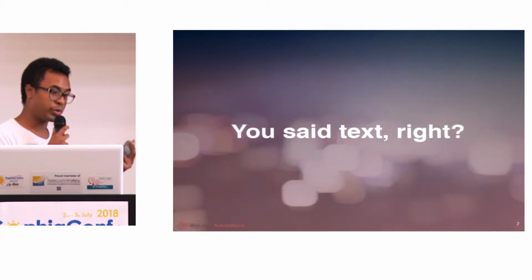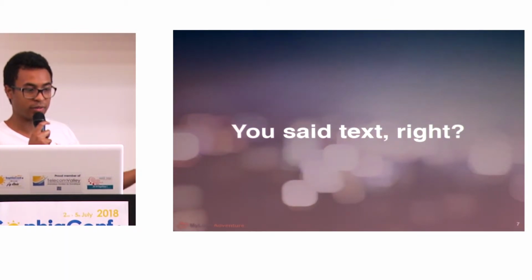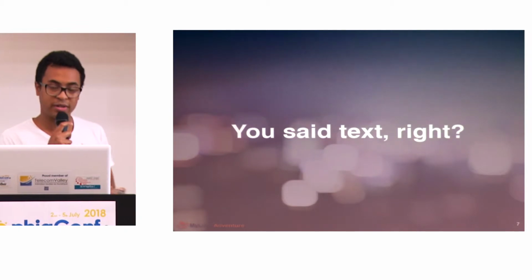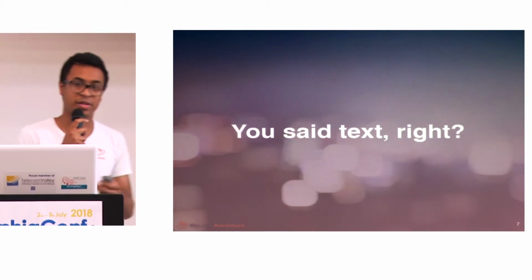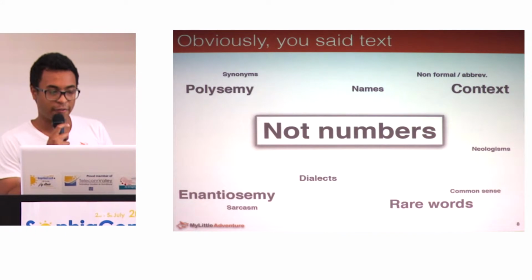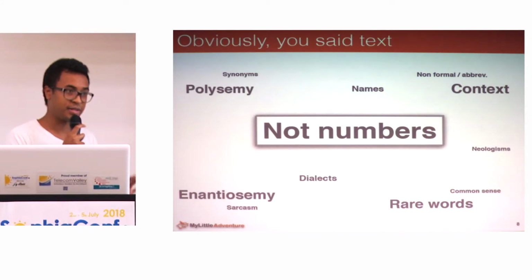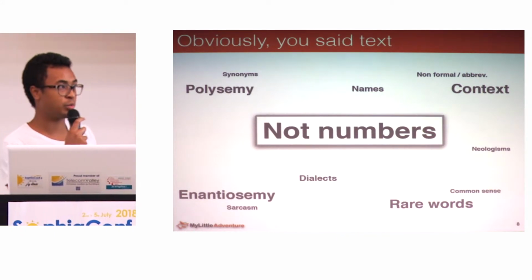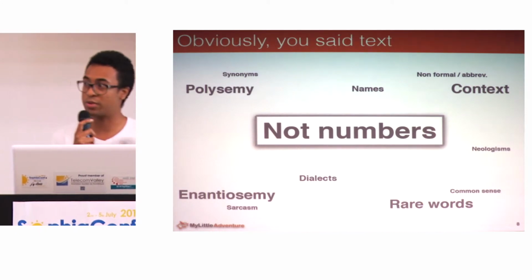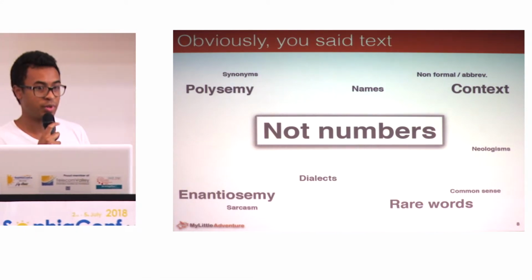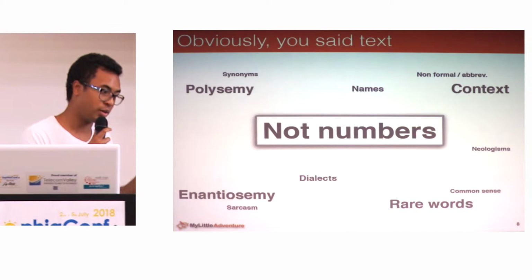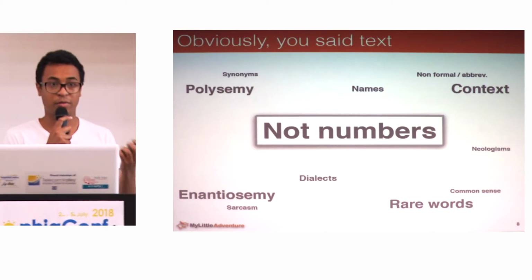So I said we will talk about natural language processing. So why is text a tough task? First of all, text is very hard to process because, as we saw before, text is not numbers. But this is not the only issue here. Texts have polysemy.